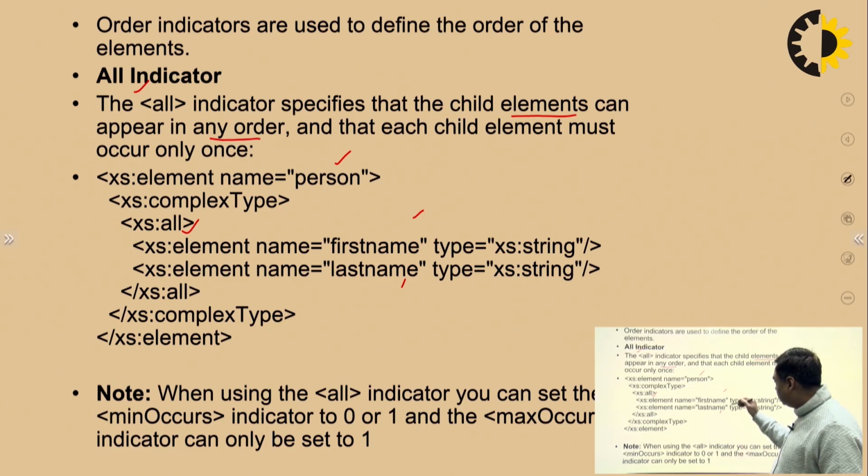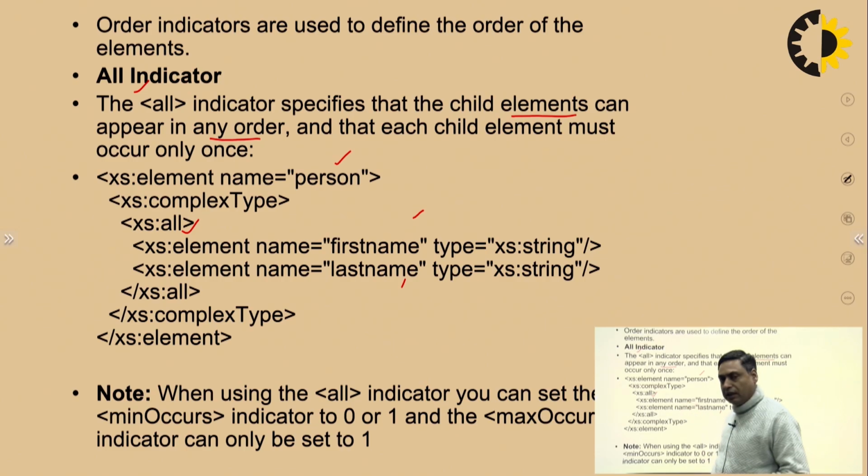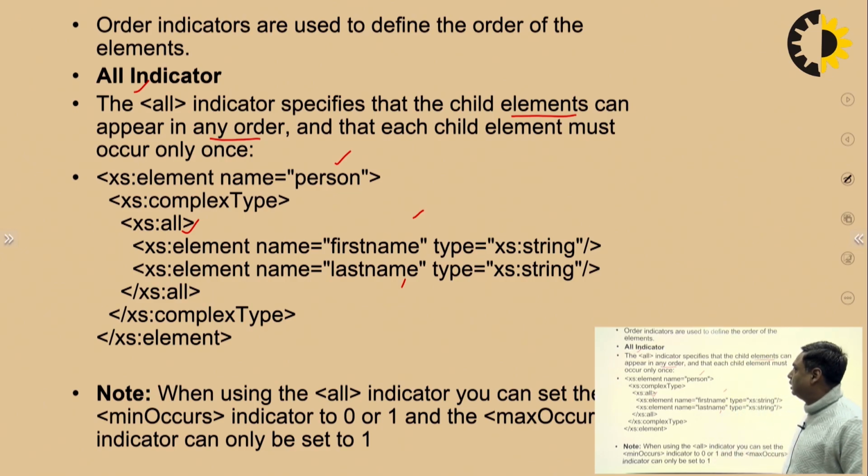So, the order of these 2 elements will not matter. You can arrange the first name element and last name according to your choice. This is the meaning of the all indicator. It provides the flexibility that the elements can occur in any order.